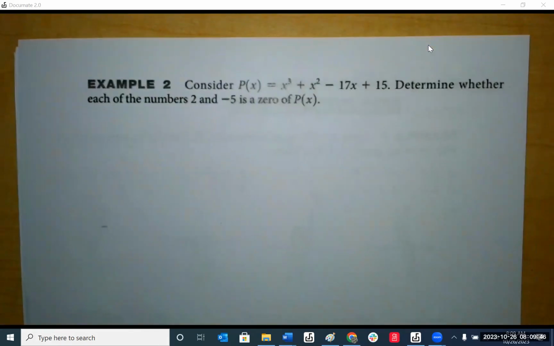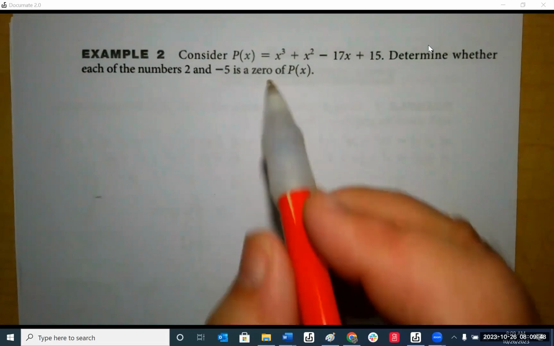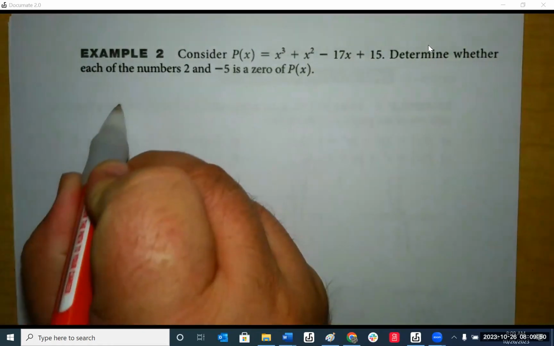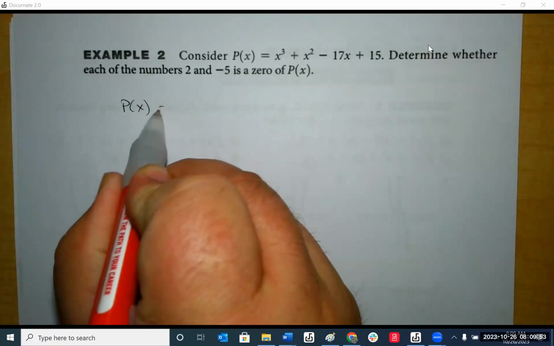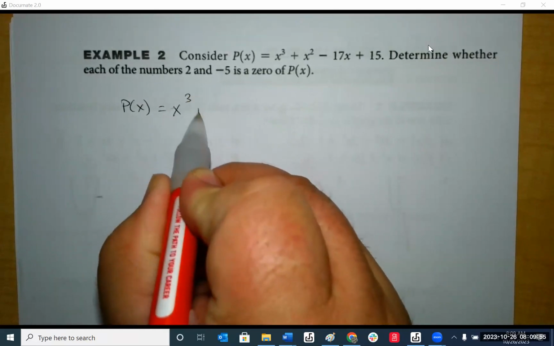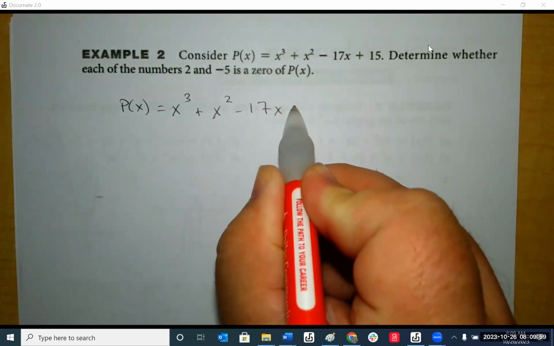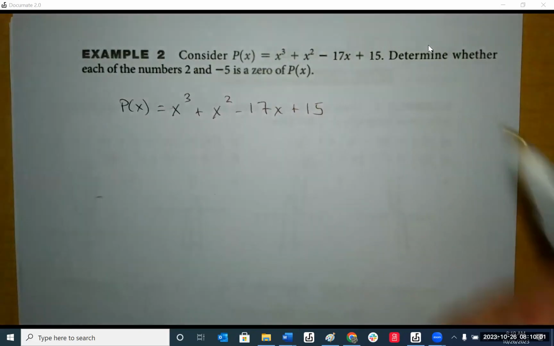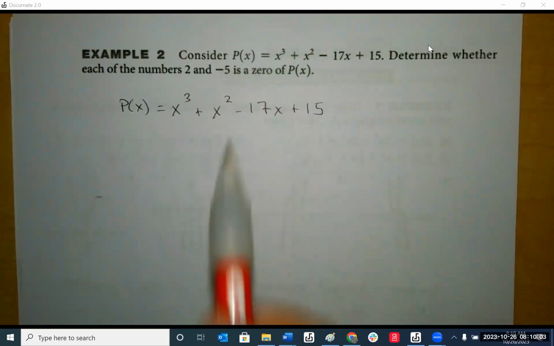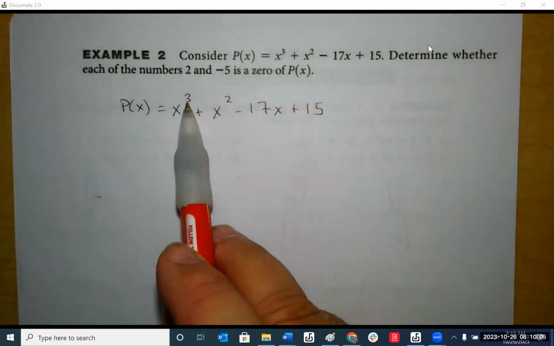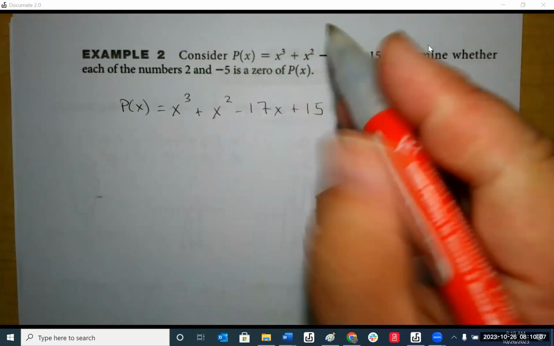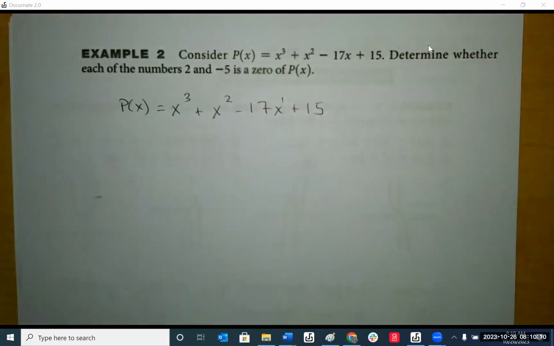Example number 2. Consider the polynomial x cubed plus x squared minus 17x plus 15. Notice the exponents, the degrees, 3, 2. If there's nothing there, it's a 1, 1, 0. It's in decreasing order.